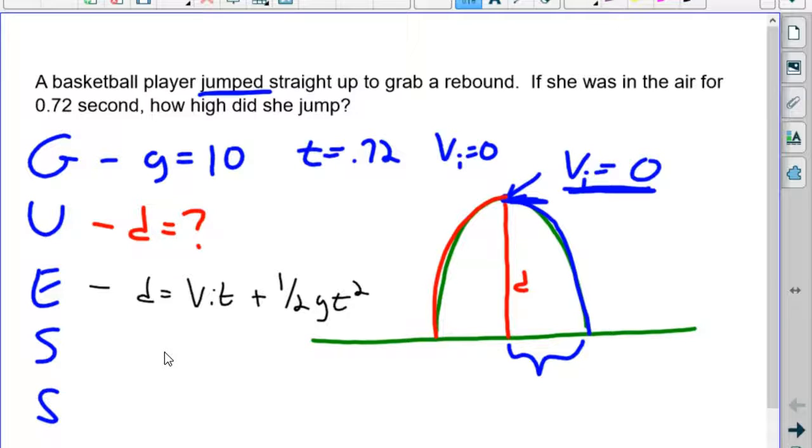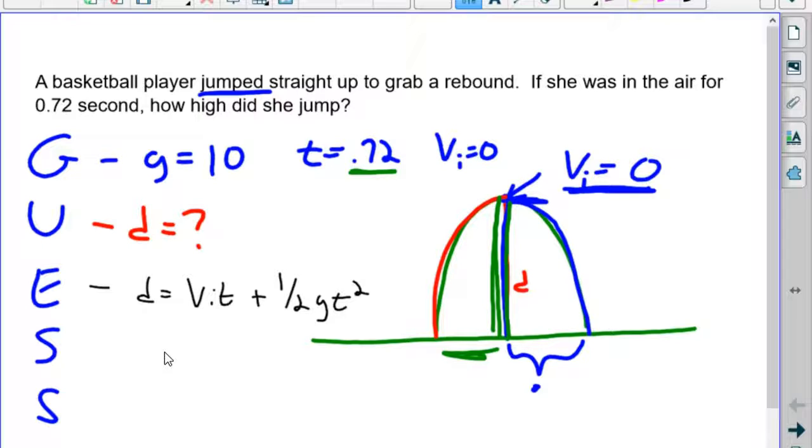Notice that over here, in this half of the problem, she fell from that height. And in the first half of the problem, over here, she jumped to that height. So the entire time that she was in the air is 0.72, but she jumped to that height and then fell from that height. And so the 0.72 is the entire time.